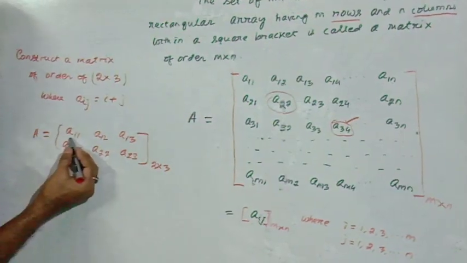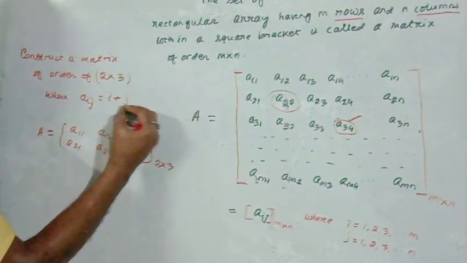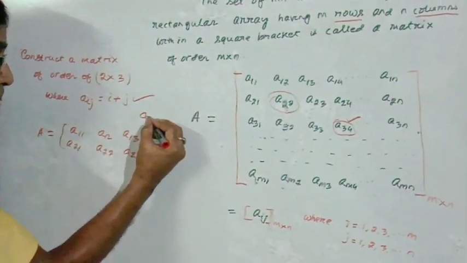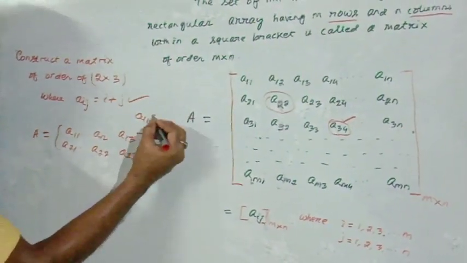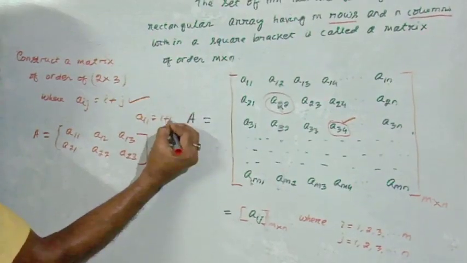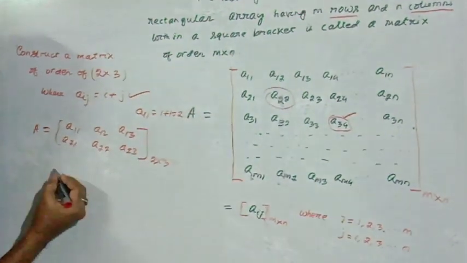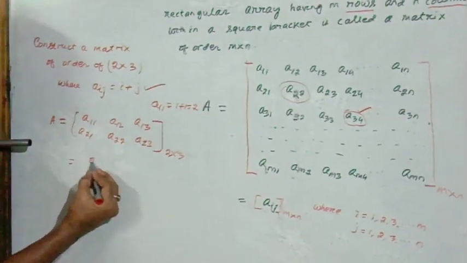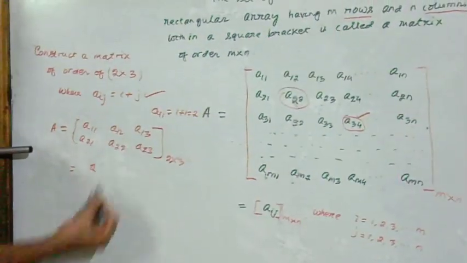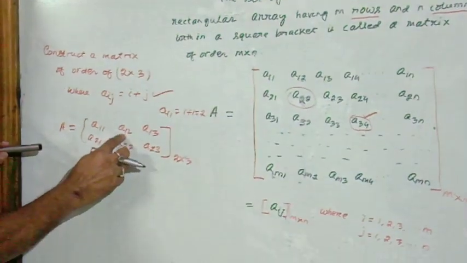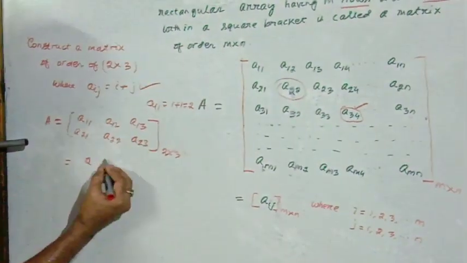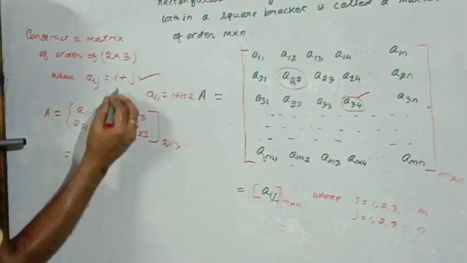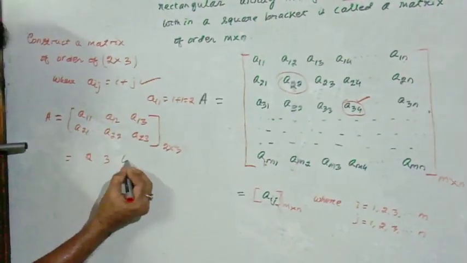Since it is given that aij is equal to i plus j, what is a11? It is nothing but 1 plus 1, that is equal to 2. Similarly, a12 will be 1 plus 2, that is 3. A13 is 1 plus 3, equal to 4.